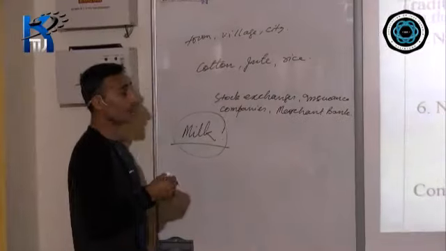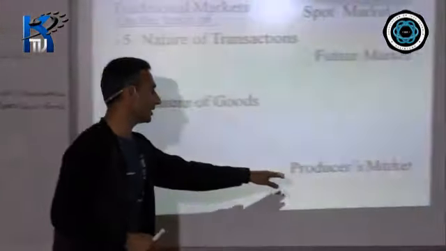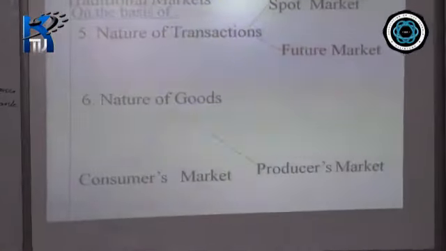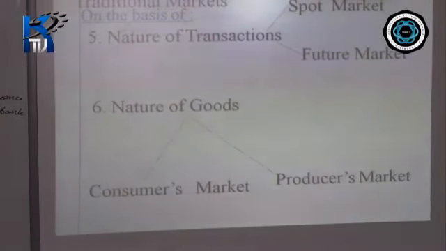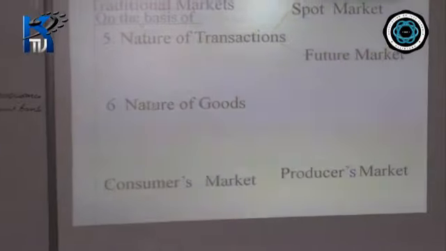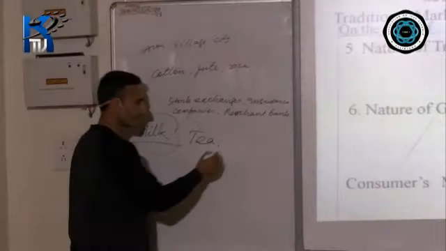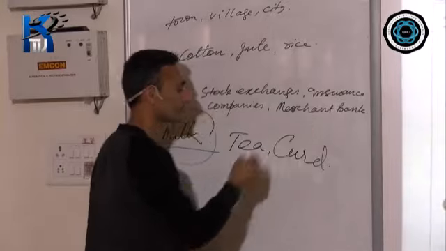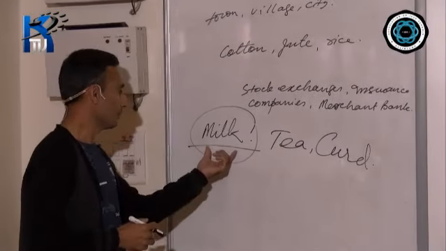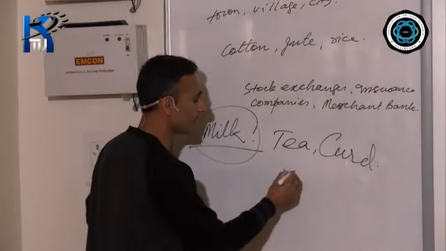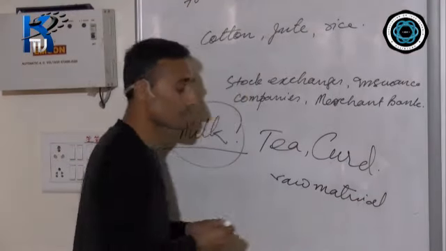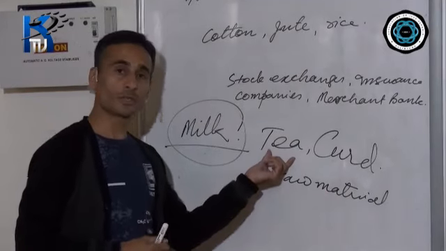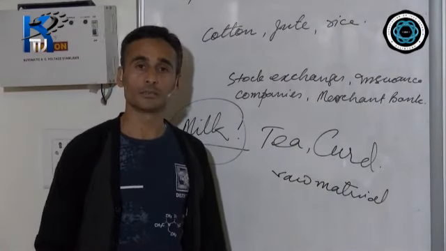But the same product, milk, can also be purchased by the producer, maker, or marketer in order to make another final product. Say, your final product can be tea or curd. So here the milk is used as raw material to produce further goods called tea or curd.